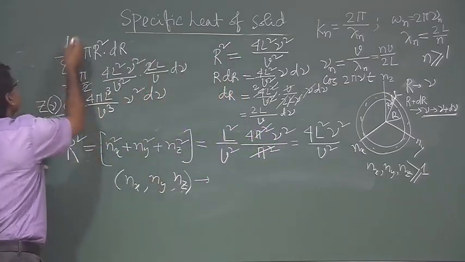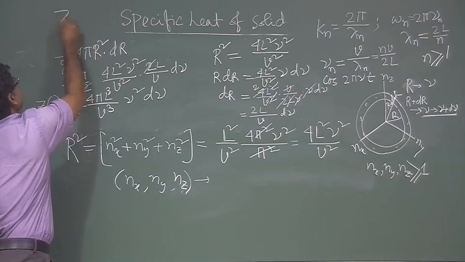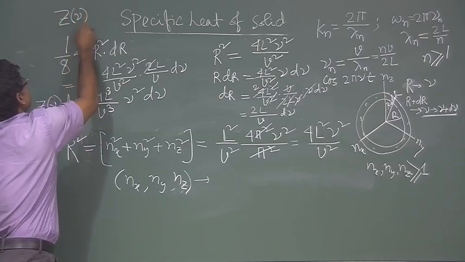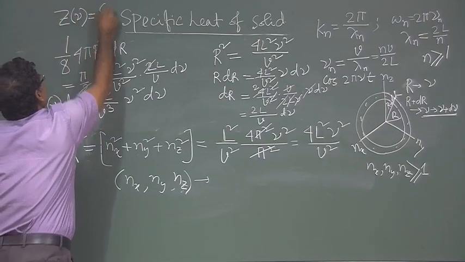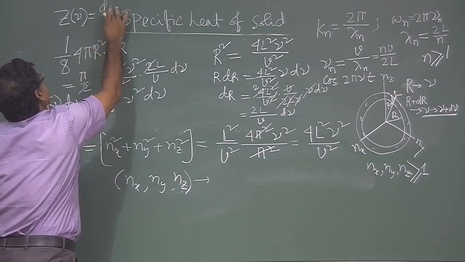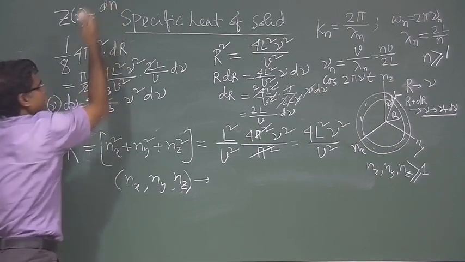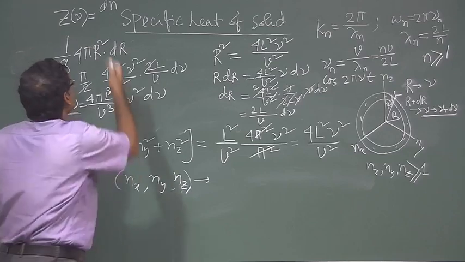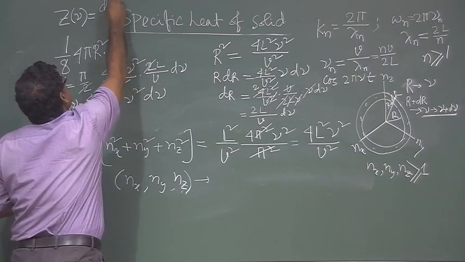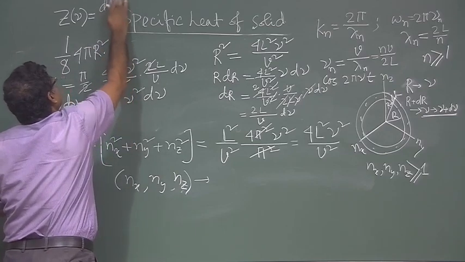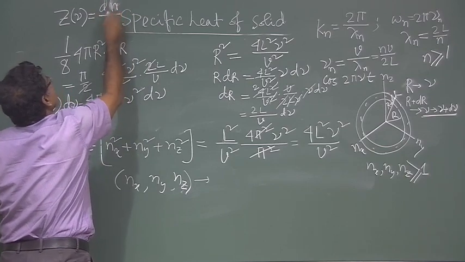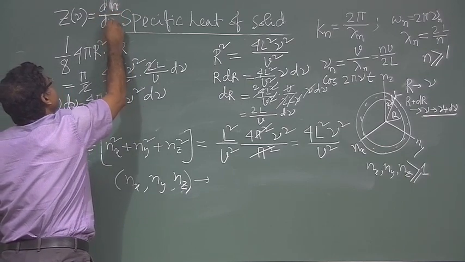So, the density of states Z nu is basically defined as d n, the number of modes, or one can write capital N or whatever, d n by d nu.